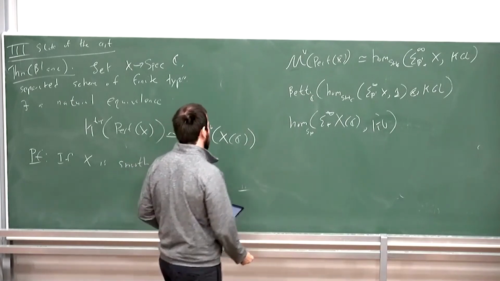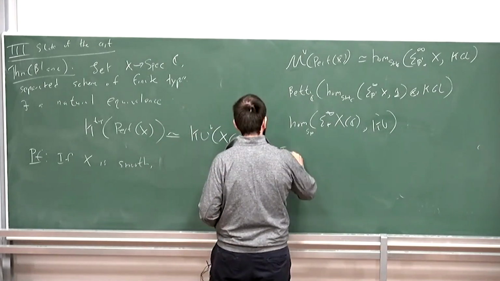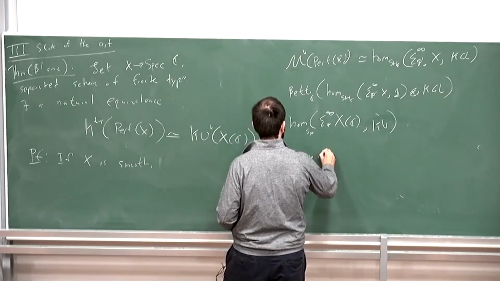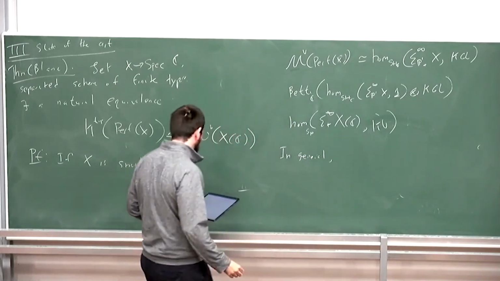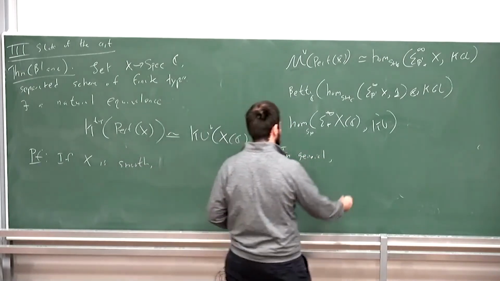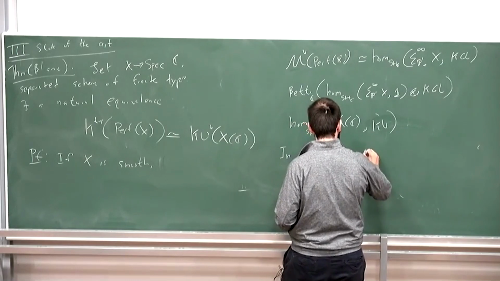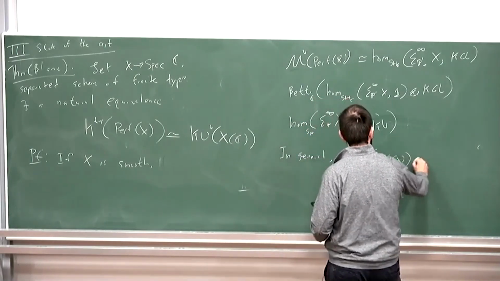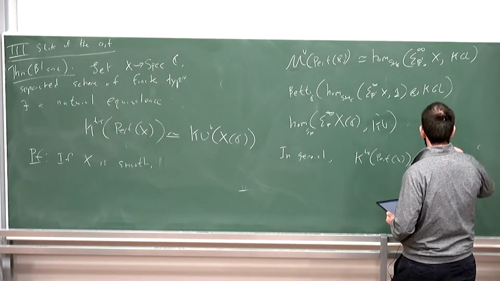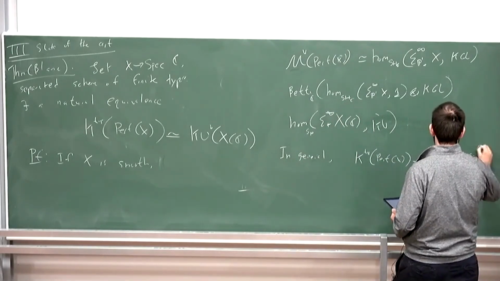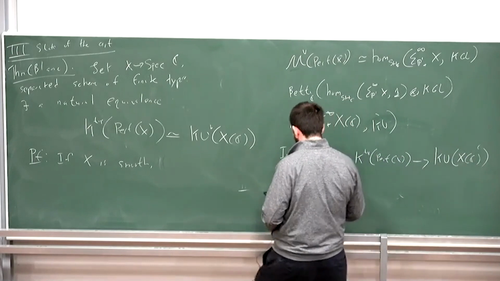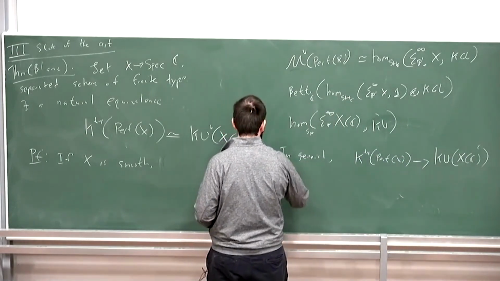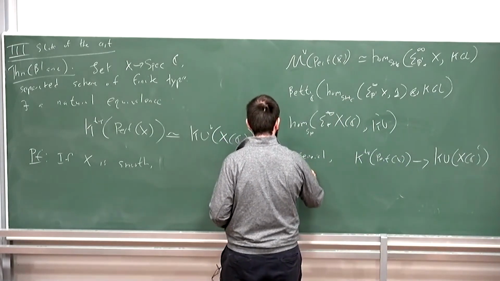Okay, and in the general case, Blanc shows that there's this natural map, which satisfies CDH descent.